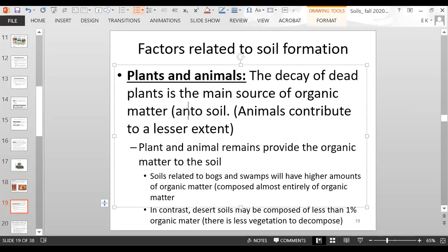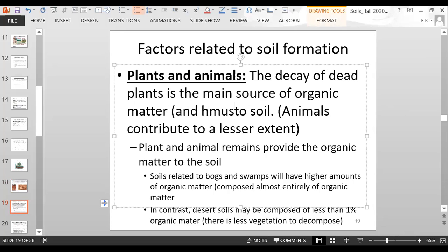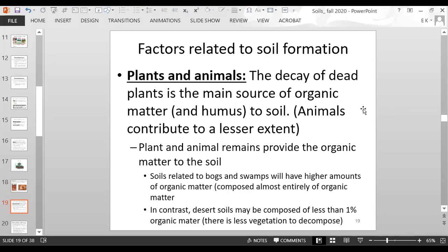And I will just add humus here to make that more clear. So organic matter is going to come from the dead plants, and then the decay of the organic matter gives you humus.